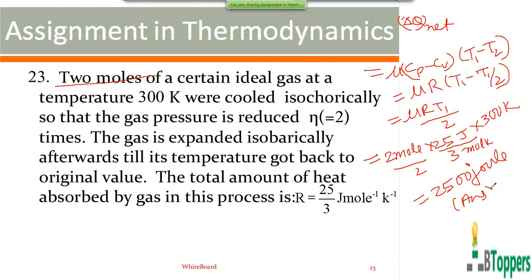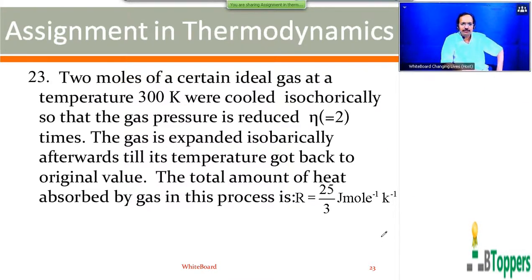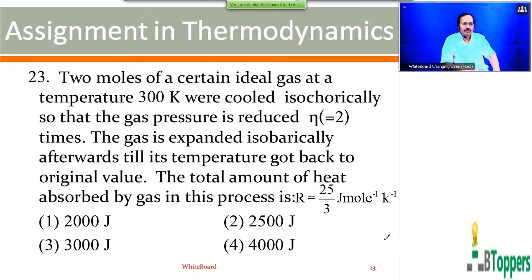Those who want to copy the working, please take a pause and finish writing the working. So for question number 23, which I have just discussed, the second option will be the answer.